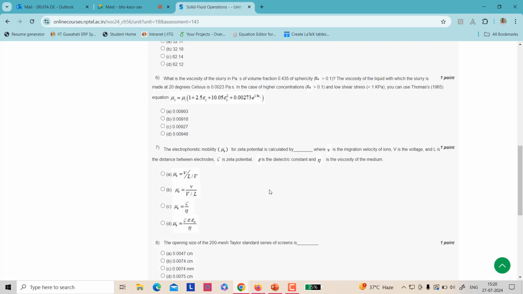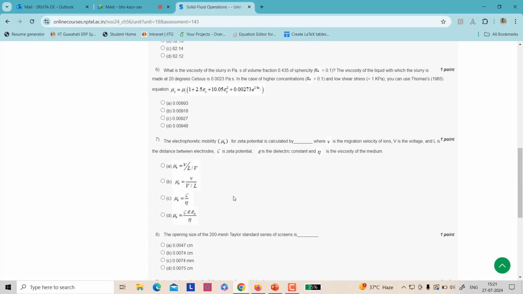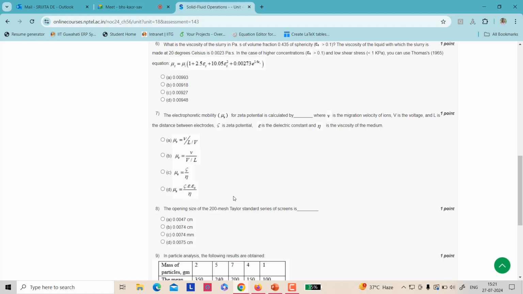Yes, this is also the zeta potential explanation in the given. It is the mu electrophoretic mobility is the option B. The velocity of the particles divided by V REL. And you can go through the slides also, because all these are there only. I am not saying anything new. Okay, thank you, ma'am.